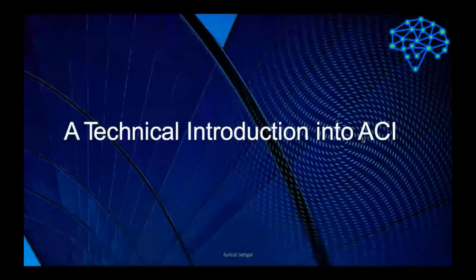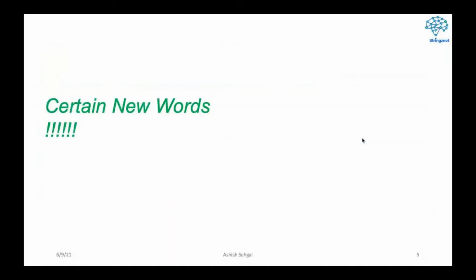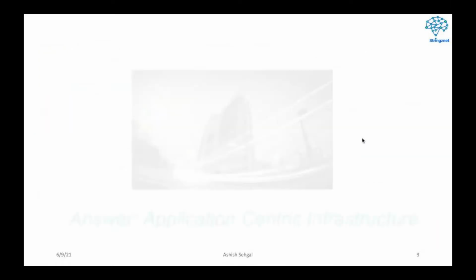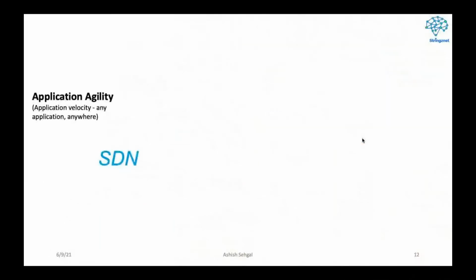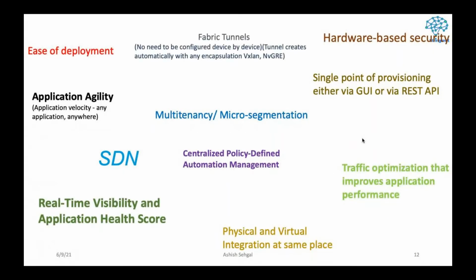We will be talking about the technical introduction of ACI, in which we will try to understand the logic of ACI with many new terminologies, new words which are frequently hovering around us, like multi-tenancy and micro-segmentation. On multi-tenancy, our entire ACI depends. Micro-segmentation is today's buzzword, one of the most important components.